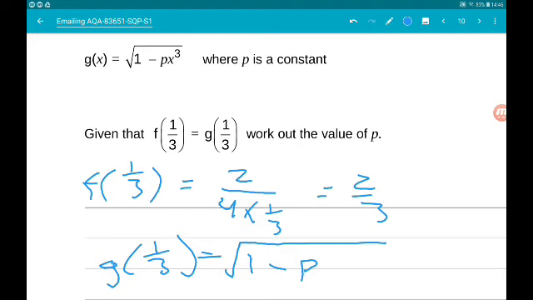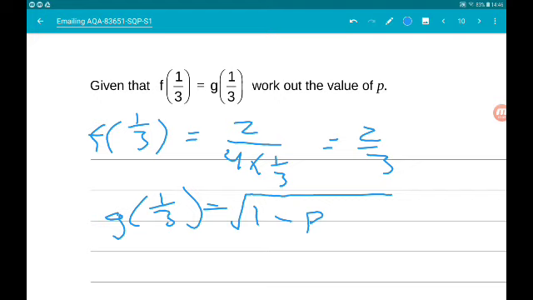Now 1/3 cubed is 1 over 27. So we can write this as p over 27, like that.